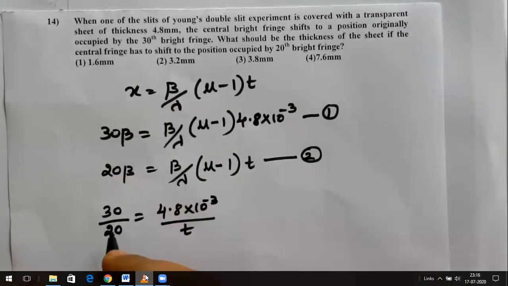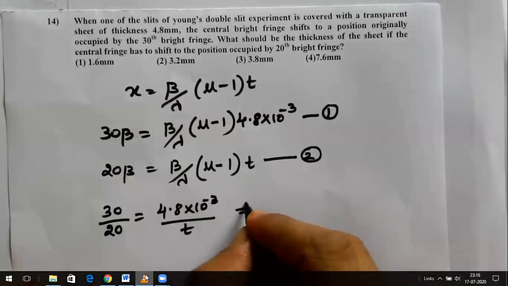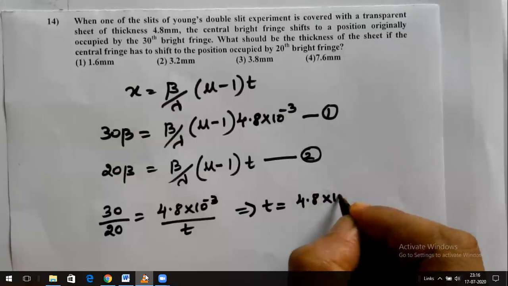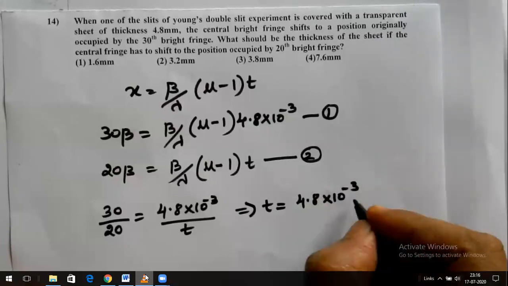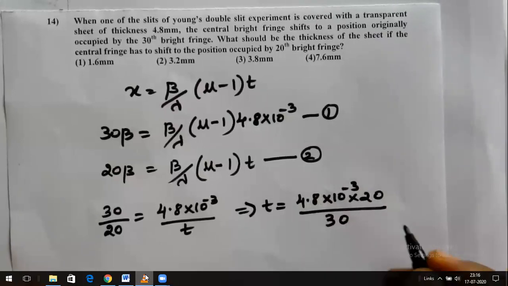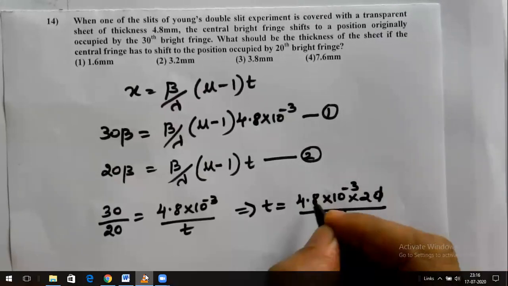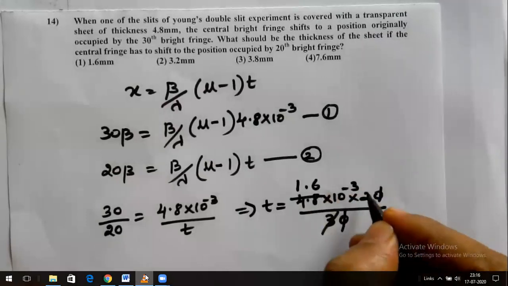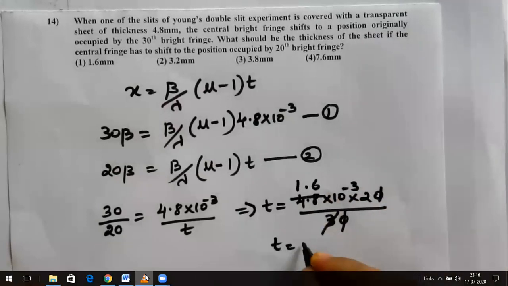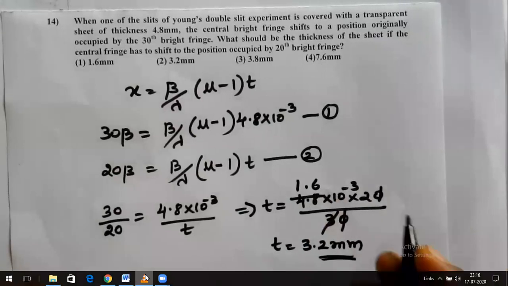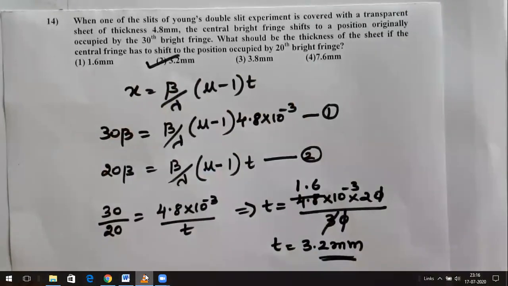So finally, T is equal to 4.8 millimeter into 20 divided by 30. Okay, 0 will get cancelled. Thickness will be 3.2 millimeter. Answer is option 2.